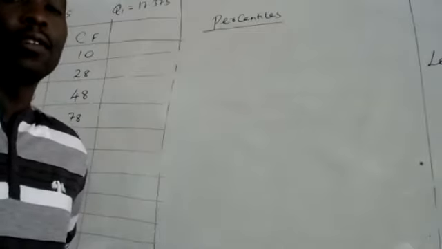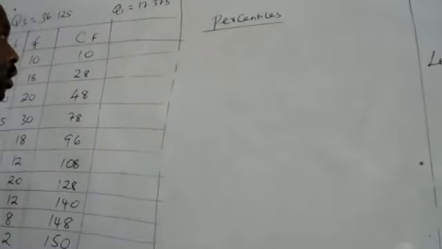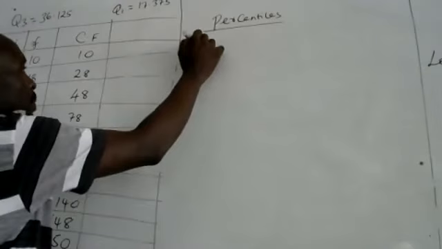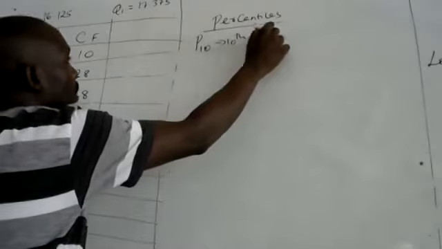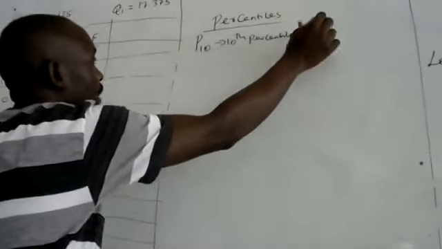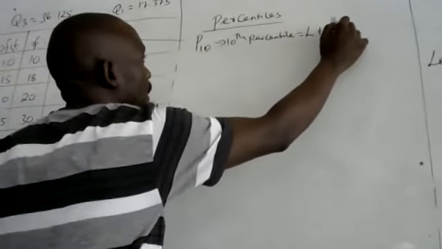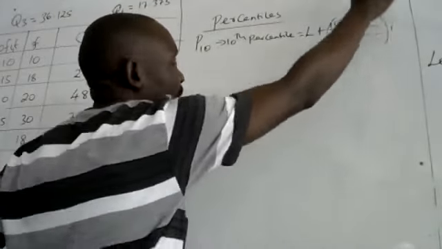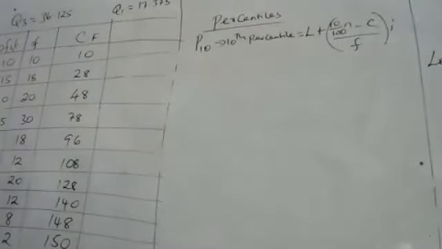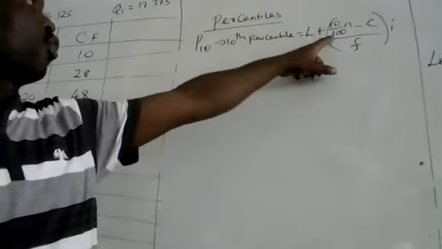They are denoted as follows. P10, this one means the 10th percentile, which is calculated by L plus 10 over 100 N minus C over F times R. Percentile, because the value divides the distribution into 100, we normally have it over 100.